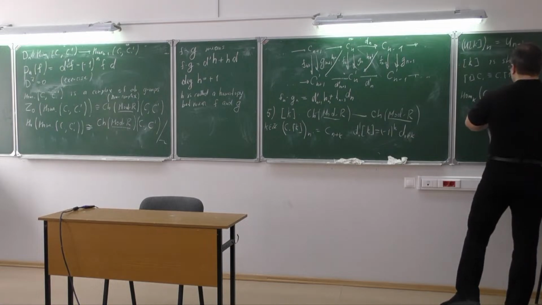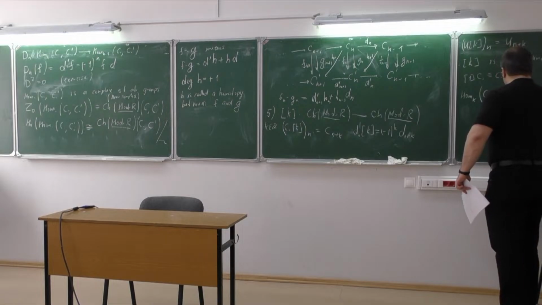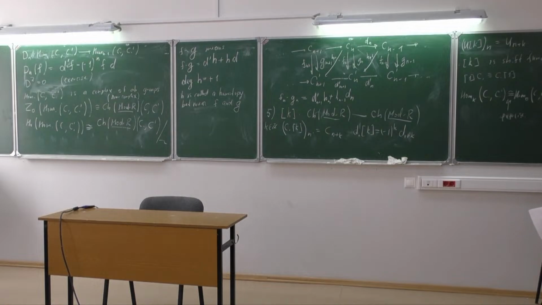This is a map preserving the degree, and then C prime shifted by minus k. So to check this is exercise. Well, I'm not completely sure that this is supposed to be minus k, but so please check this. I think this is minus k, but this needs to be checked.